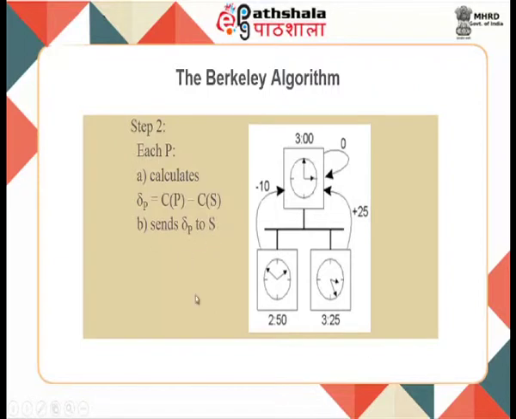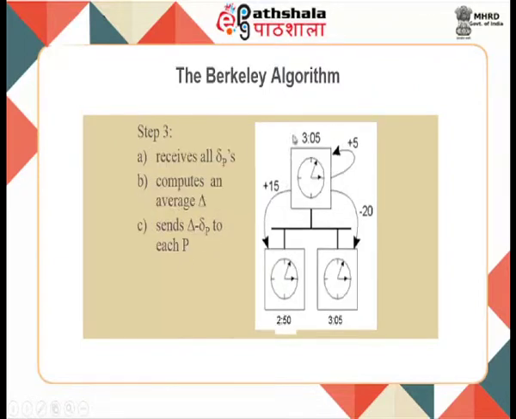So, now in step 3, what will the server do? The server, after receiving all the delta P's, will calculate the value of delta. In our case, the value of delta is plus 5. So, it will calculate that and then it will do delta minus delta P for each process.